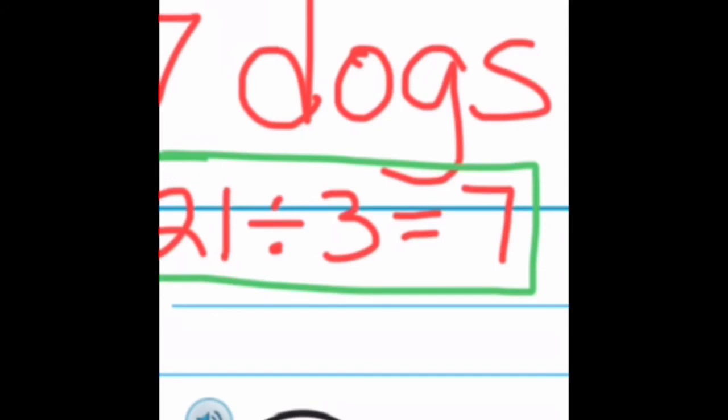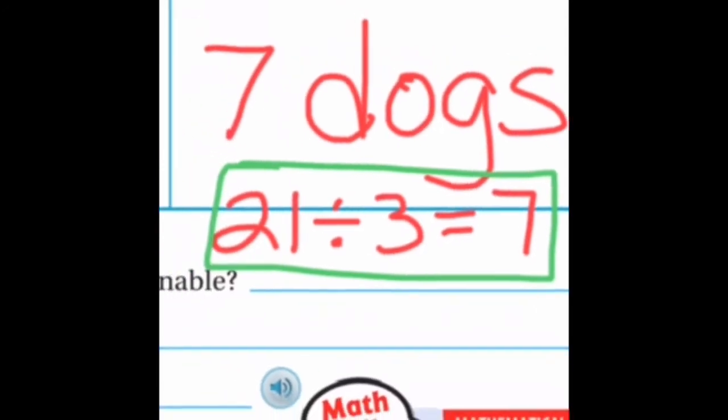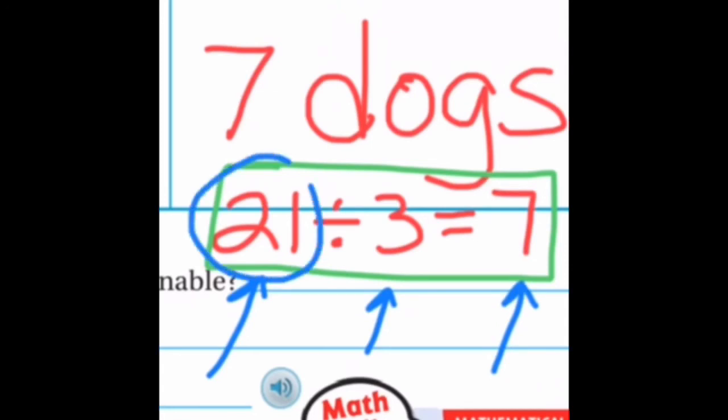It's a lot like subtraction. We always start with the biggest number. Okay, of those numbers, 21's biggest. Then we divide it by a smaller number and we get another number that's smaller than the first number.